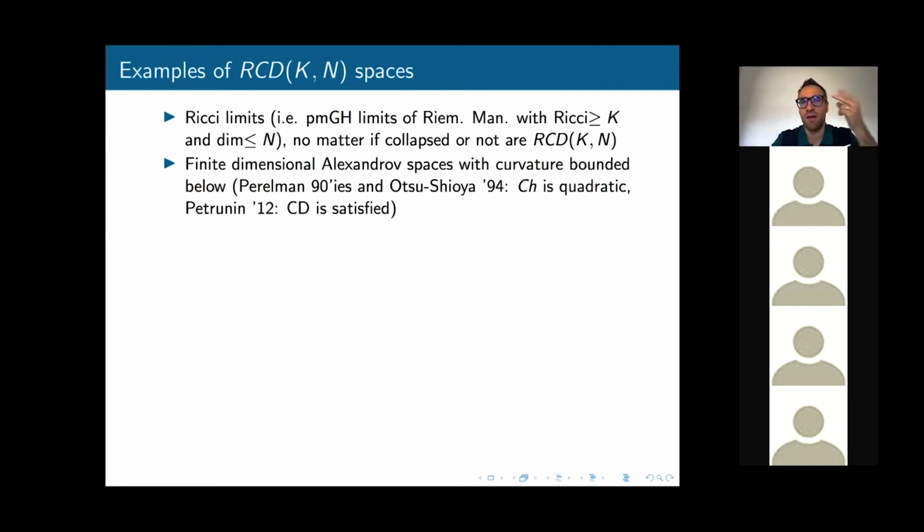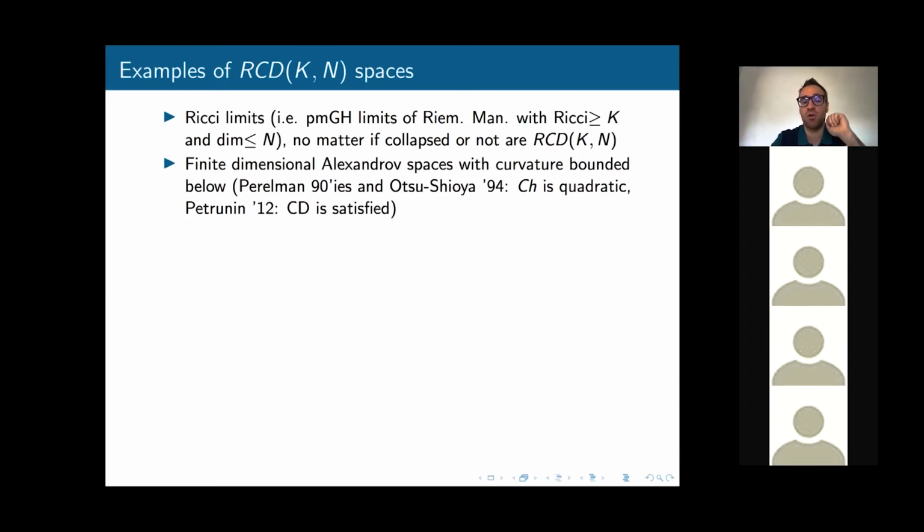In the smooth setting, if the sectional curvature is bounded below by 1, then the Ricci is bounded below by n-1, and the same is true here. So if you have an n-dimensional Alexandrov space with curvature bounded below by 1, it will be an RCD(n-1, n) metric measure space.